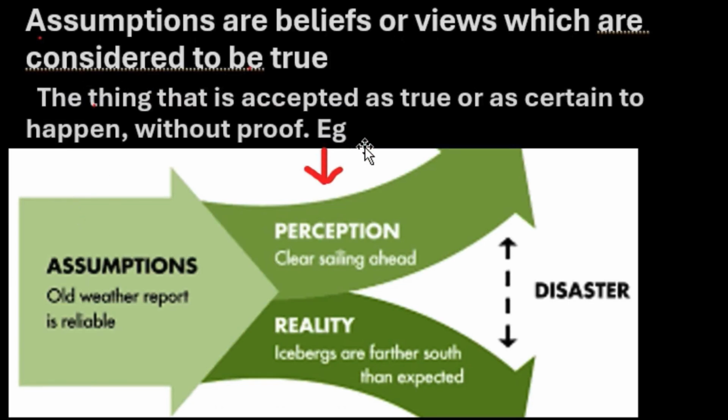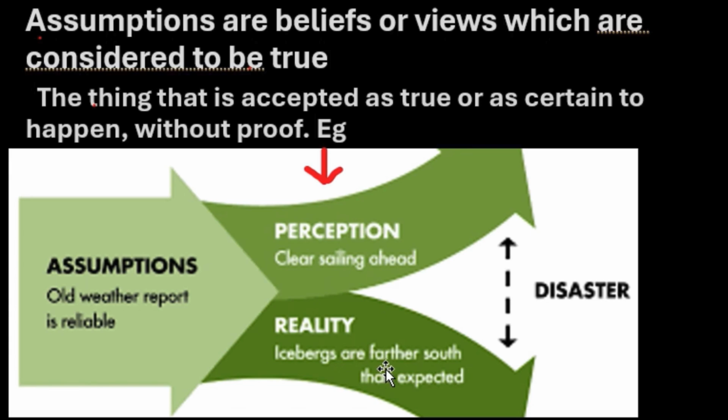Assumptions are beliefs or views which are considered to be true. The thing is accepted as true, and that is done without any scientific evidence or proof. For example, here, one captain is assuming that an old weather report is reliable. Then his perception is that the seaway is clear for sailing ahead.